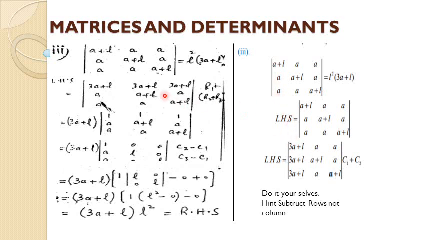Okay, so I'm just making you understand this way, and you can do it as homework at home. You can do this question as homework, and I just write it in here. We subtract columns, and here you can subtract rows. Now understand this way, so you will be able to solve it.